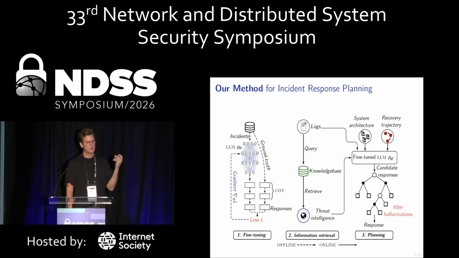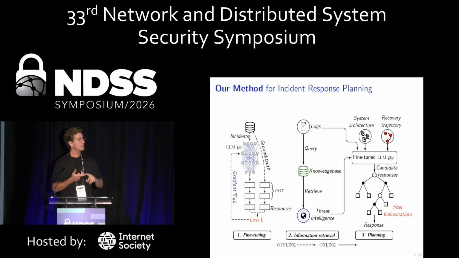So in this work, we address these limitations by presenting a method for incident response planning with an LLM, which is lightweight, has theoretical performance guarantees, and reduces the risk for hallucinations. So from an architectural point of view, the method consists of three main steps, as illustrated in the figure here, where first we fine-tune a lightweight model based on a prior data set of incidents and responses.